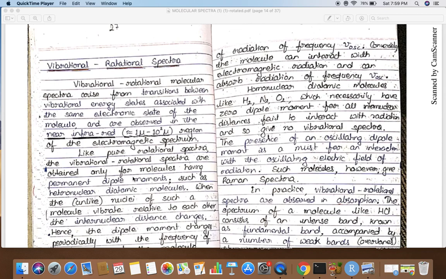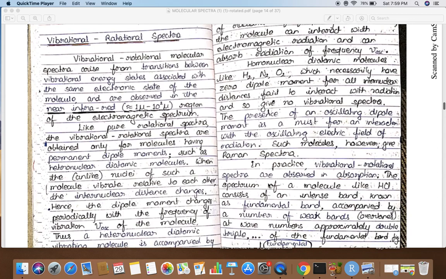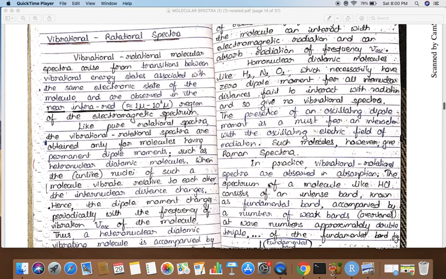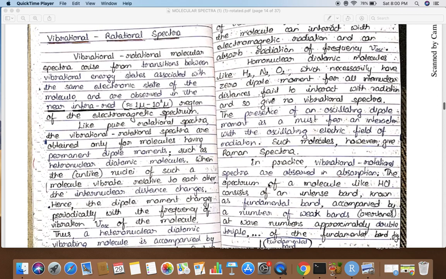So the homonuclear diatomic molecules like H2, N2, O2, which necessarily have zero dipole moment for all internuclear distances, fail to interact with the radiation and so give no vibration spectrum. The presence of an oscillating dipole moment is a must for interaction with the oscillating electric field of radiation. Such molecules, however, give Raman spectra.